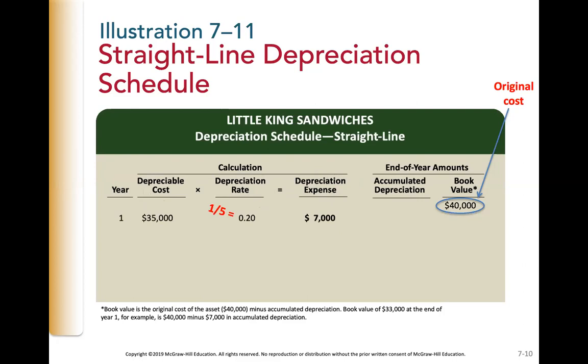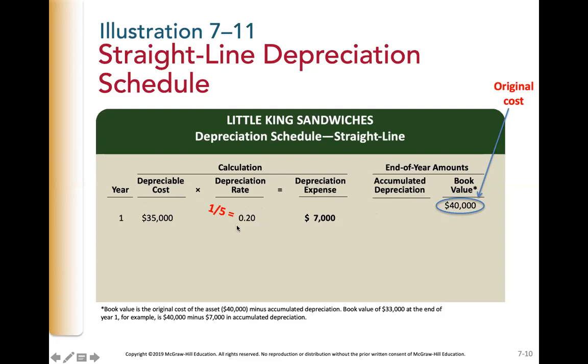In year 1, we have a depreciable cost of $35,000. How do we get the 35? Remember, our cost of $40,000 less our residual value of $5,000 gives us depreciable costs of $35,000. We want to multiply that times the depreciation rate of 20%.